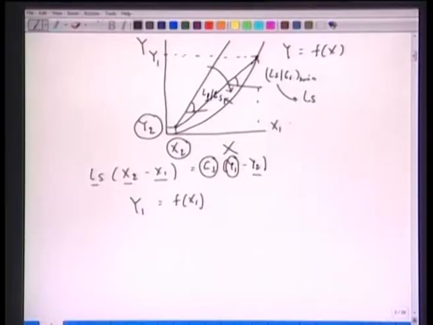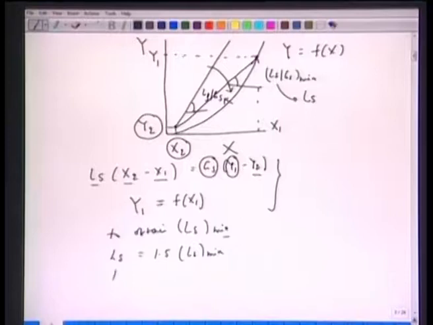So we have y1 equals f(x1). One can then solve these two equations to obtain Ls minimum. So whatever we can do graphically, in principle one can also solve analytically. From here we can solve Ls minimum, and then realizing that Ls equals 1.5 times Ls min, we can calculate Ls operating.